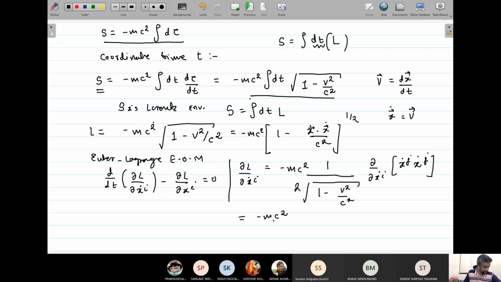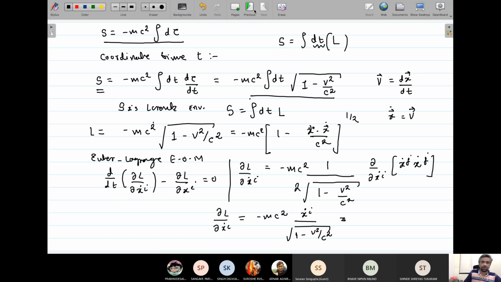So I will get minus mc² and the Kronecker delta gives me ẋ^i divided by the square root of 1 minus v²/c². Clear? Fine. So this is my ∂L/∂ẋ^i.